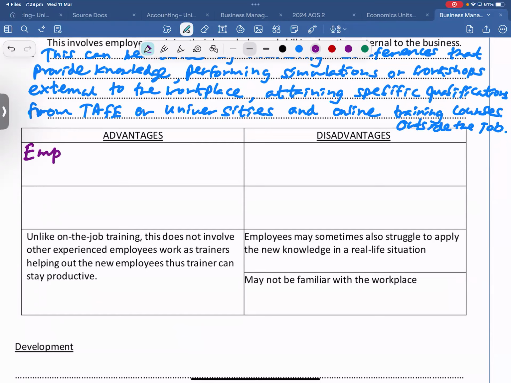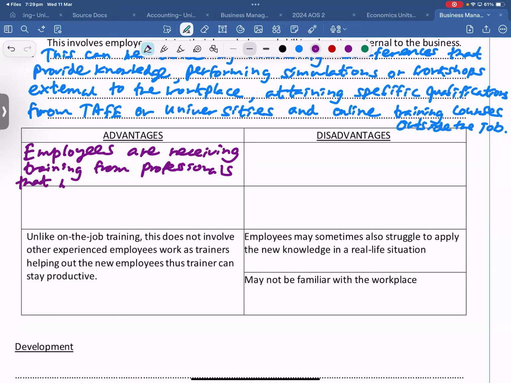Employees are receiving training from professionals that wouldn't be gained at the workplace.